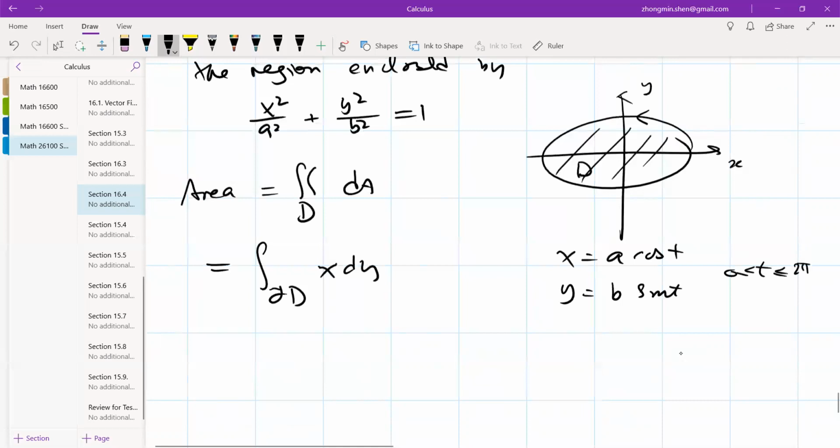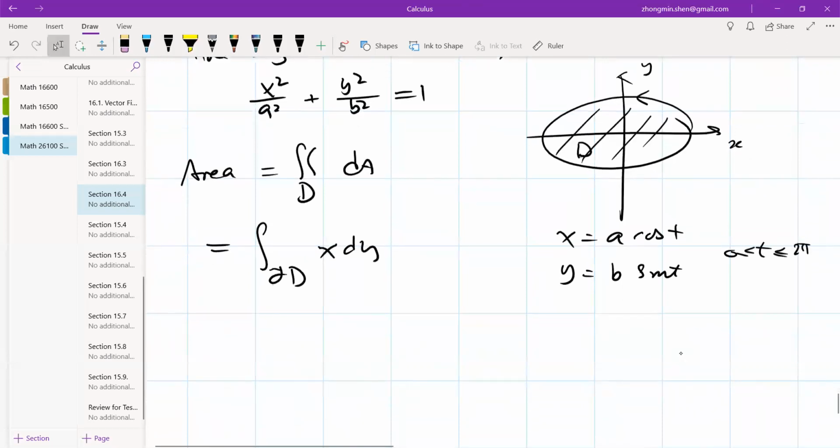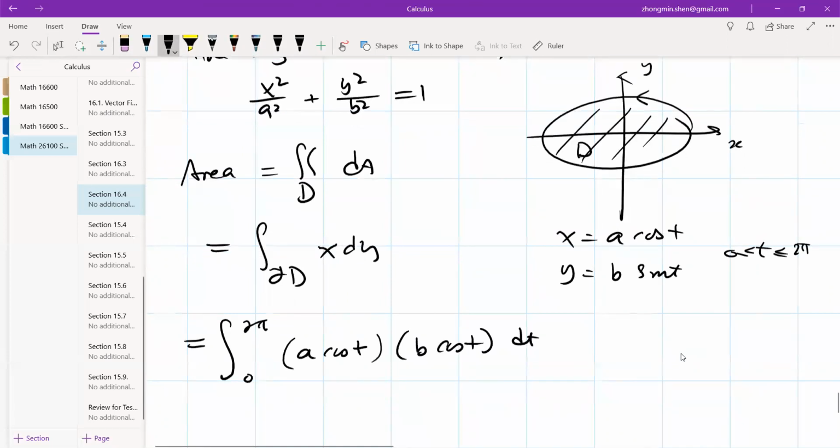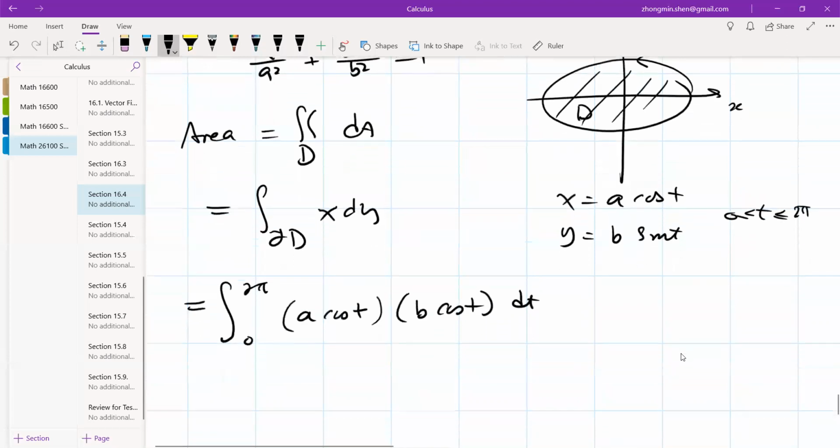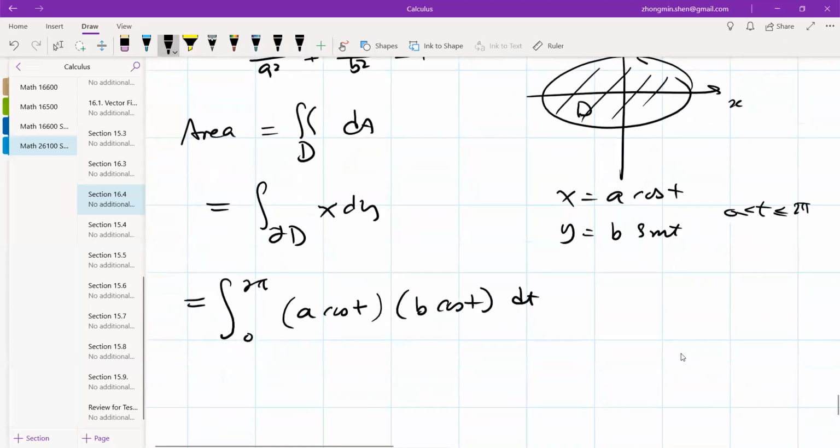Now it's going to be the integral from 0 to 2 pi. x is a cosine t, and dy is going to be b cosine t dt, since dy is y prime dt.